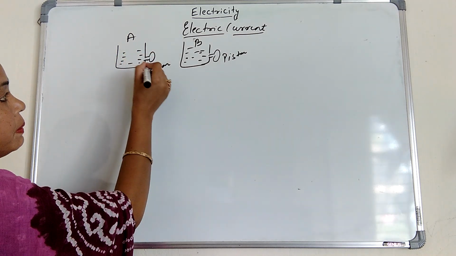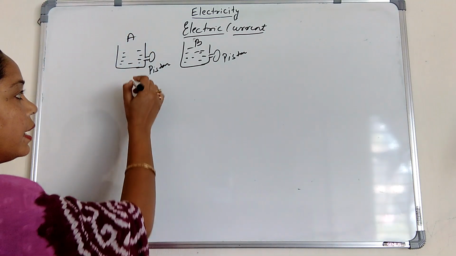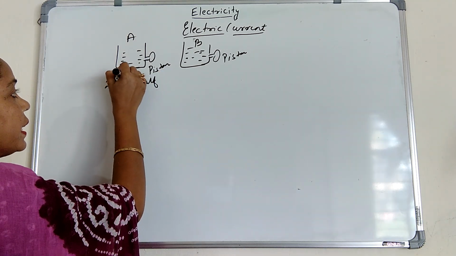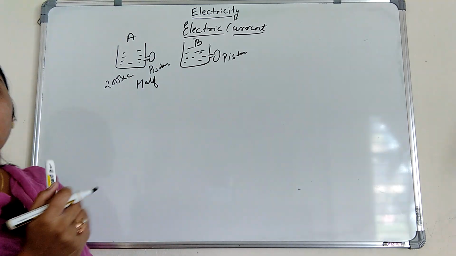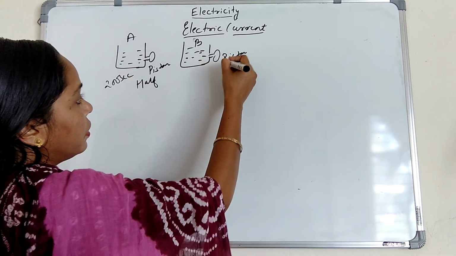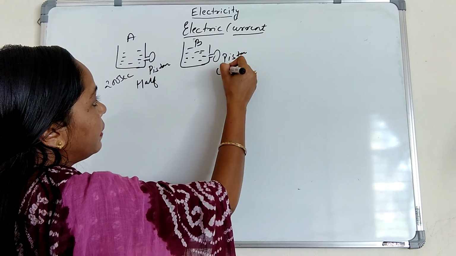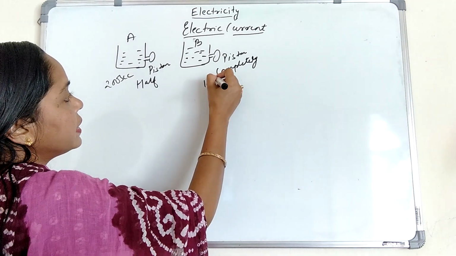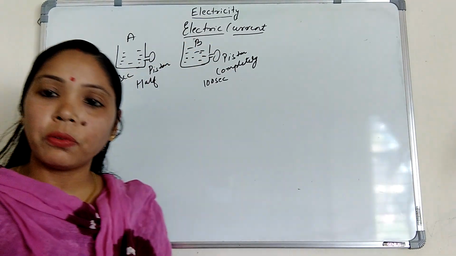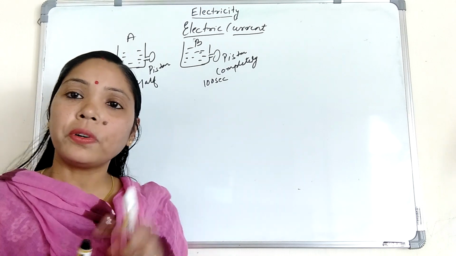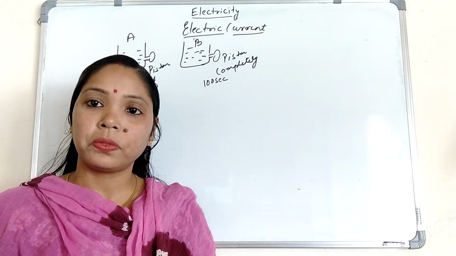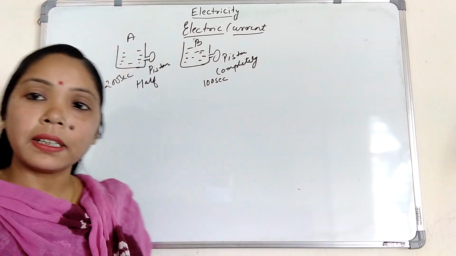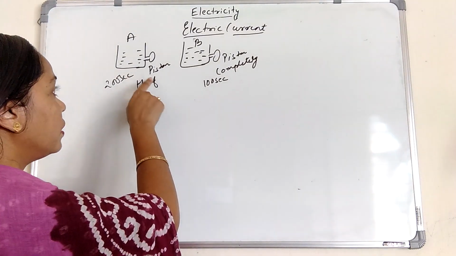If you open the piston of vessel A halfway, then it takes 200 seconds to empty vessel A. And if you open the piston of B completely, then it takes 100 seconds to empty the water from vessel B. In both vessels, we have the same amount of water, but it takes a different time to empty the water because of this piston.